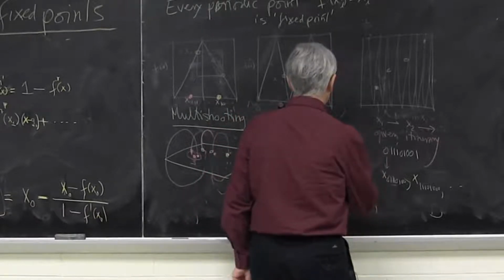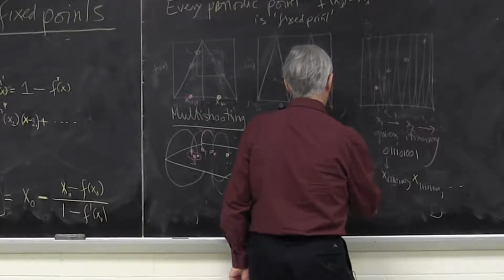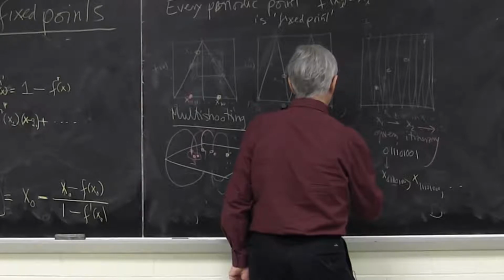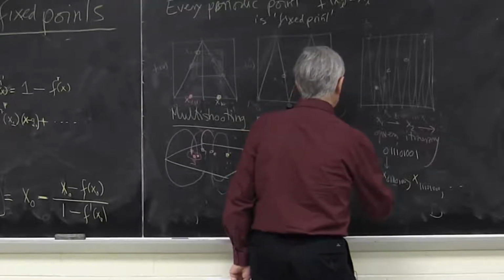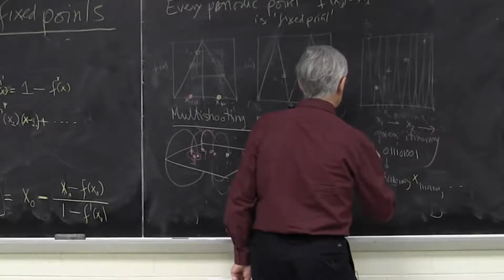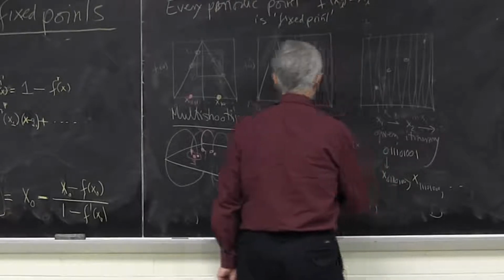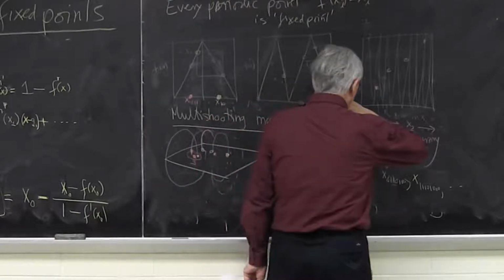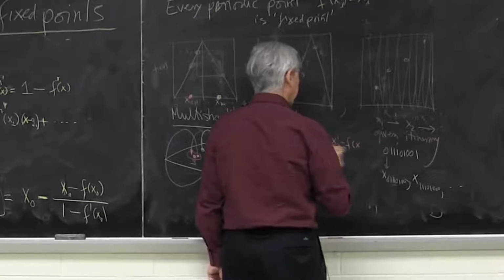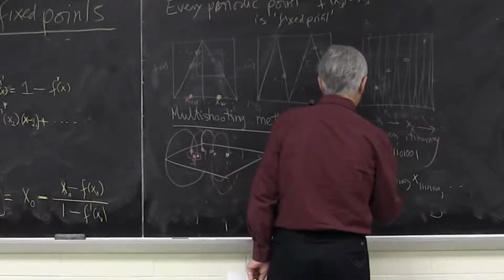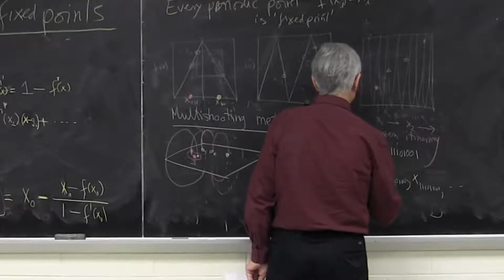And that error is x2 minus the iterate, or short time evolution, of my other guess in this family.